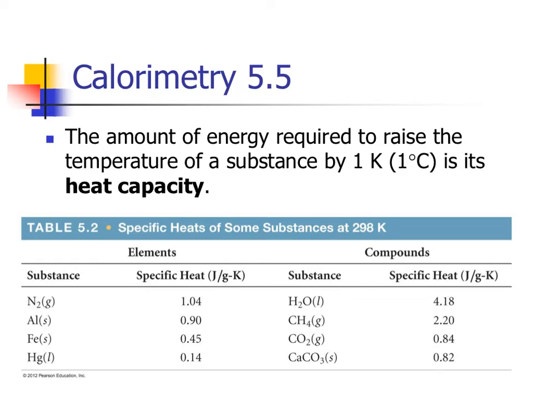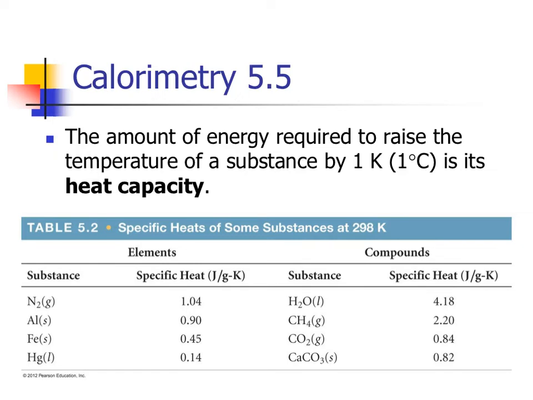Some of the parts is what's called specific heat. The energy that is required to raise 1 gram of a substance 1 degree Celsius or 1 Kelvin is the heat capacity, better known as the specific heat. They are again tabulated values that we have here. Notice that nitrogen has a fairly high number for a gas, and some of the solids do a better job of dispensing heat as opposed to retaining some of that heat.